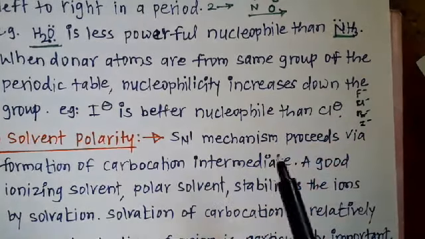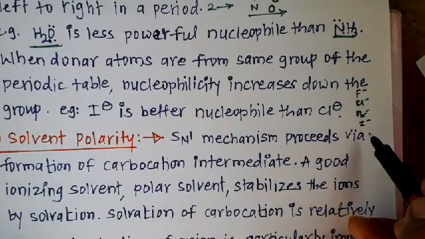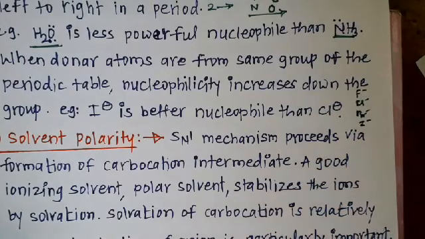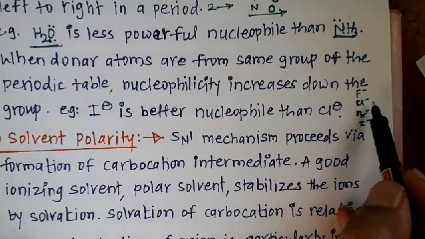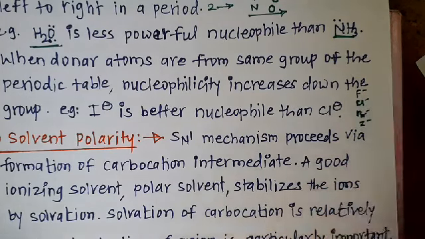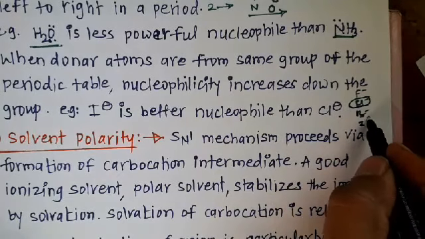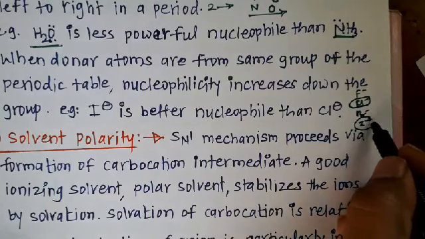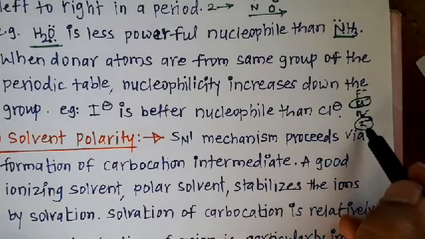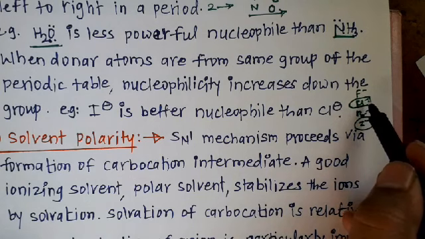And we know that from top to bottom in the same group nucleophilicity increases. Here Cl⁻ is at the top but I⁻ is at the bottom of the group. Means I⁻ is a much stronger nucleophile as compared to Cl⁻.